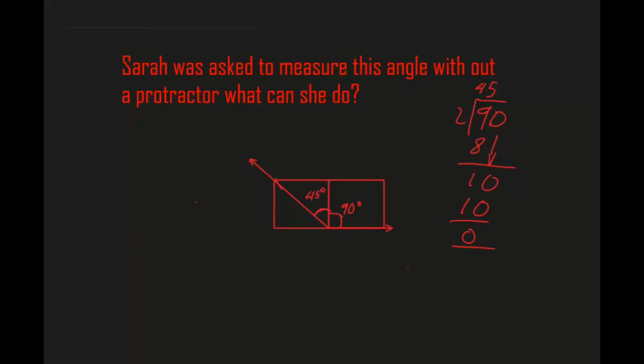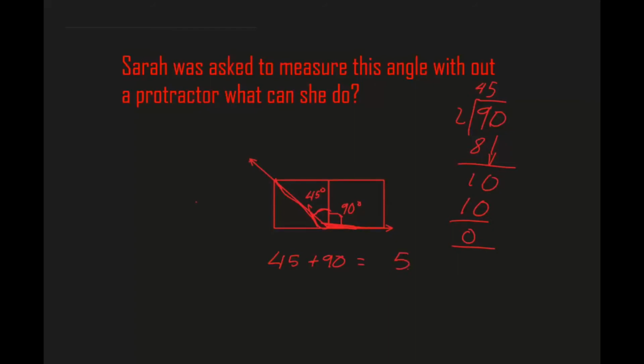So our total, this and then this, equals 45 plus 90. So 5 plus 0 equals 5. Not 0, 5. What did I do? Okay, there. We have 5.